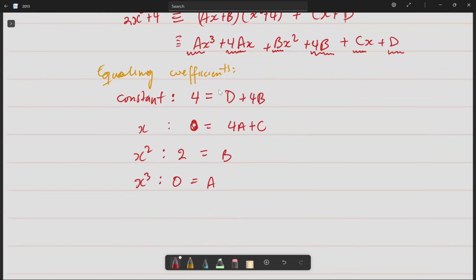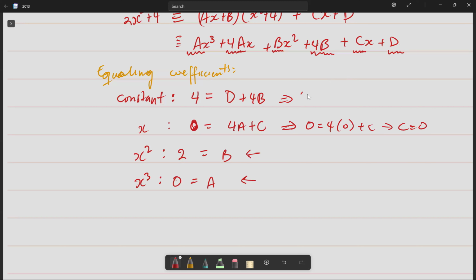So now we have some things, right? We have a being 0, b being 2. We need to find the others. For this one, 0 is equal to 4 times 0 plus c, which implies that c is also 0.